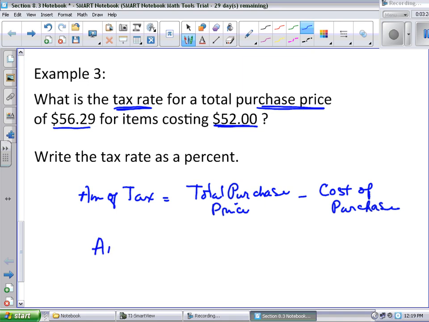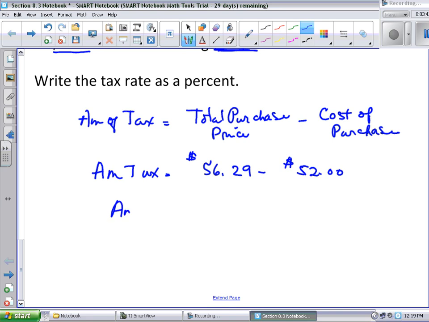So we have a total purchase price of $56.29, and the items cost $52. So we know that the amount of the tax is actually $4.29.